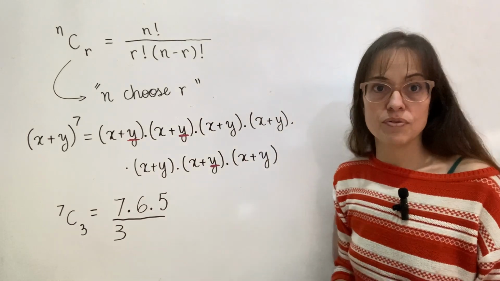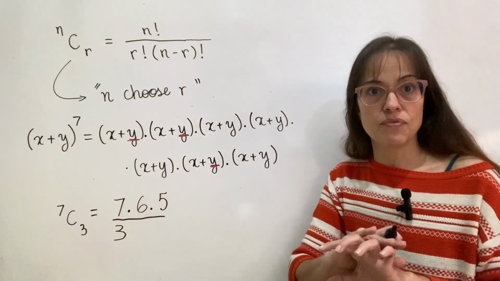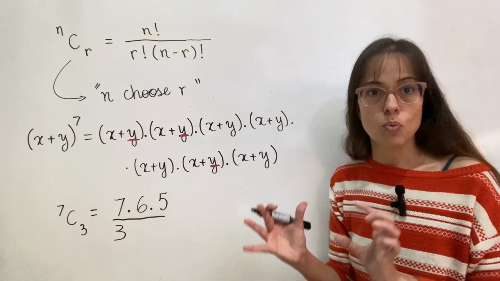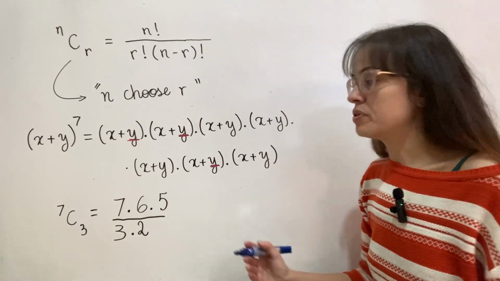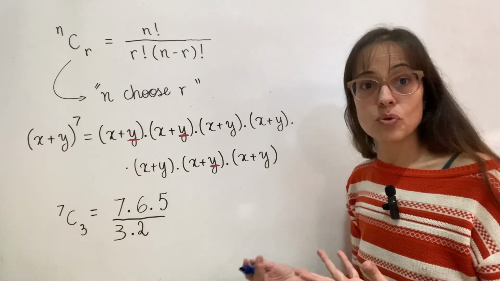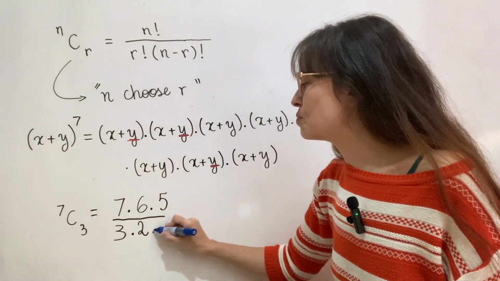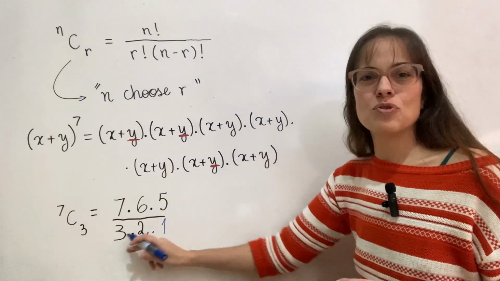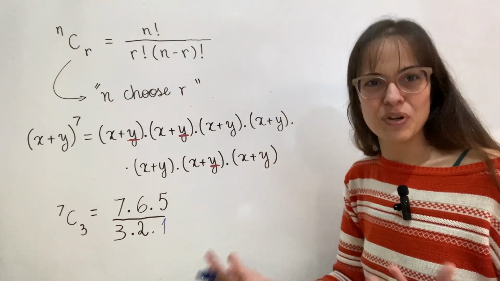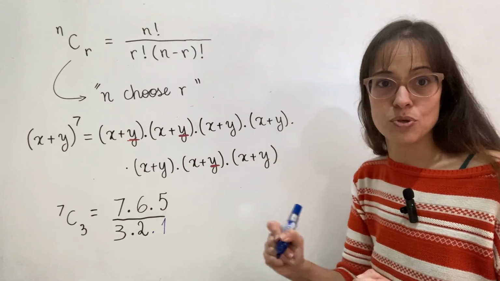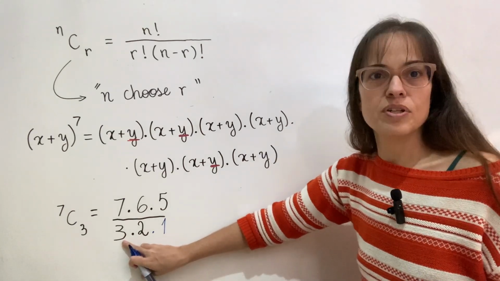So that's 2 different choices that give me the same final set of 3 y's. That is the number of choices, so that's 35. But in order to generalize this for other numbers, it makes sense to put a 1 here, just because then you have 3, 2, 1, which is 3 factorial. So it's nice and easy to write without knowing that it was a 3.